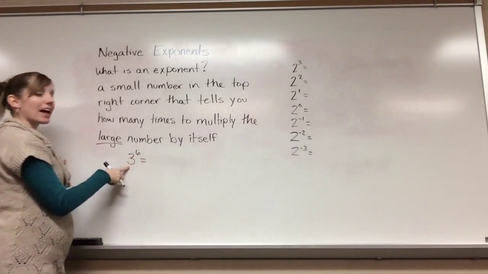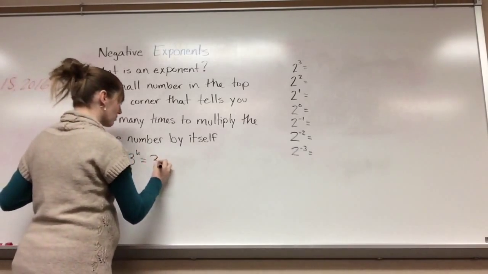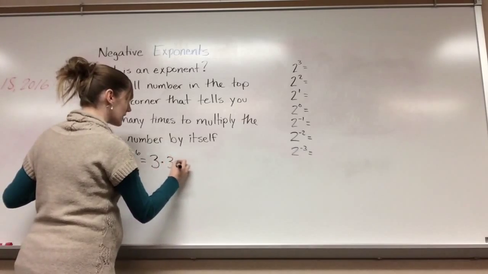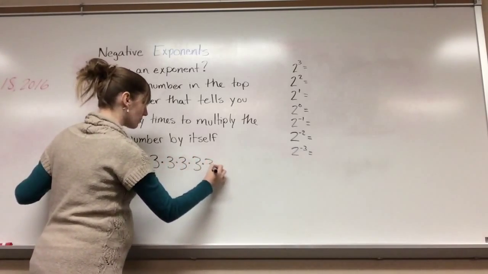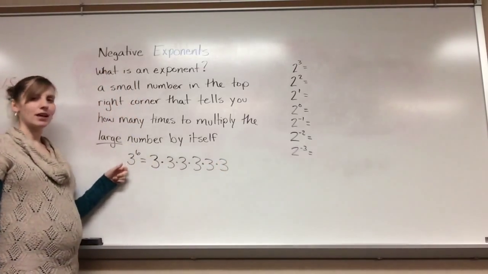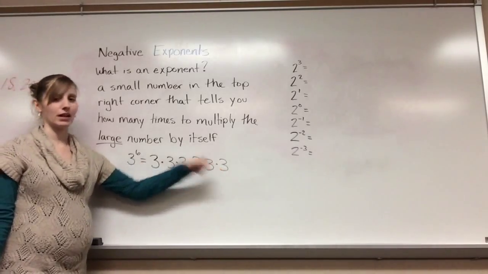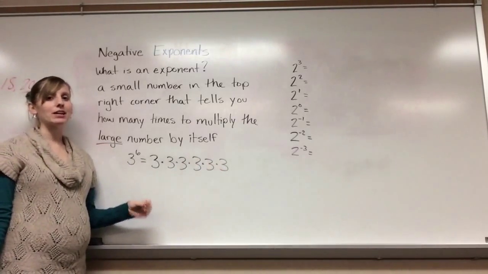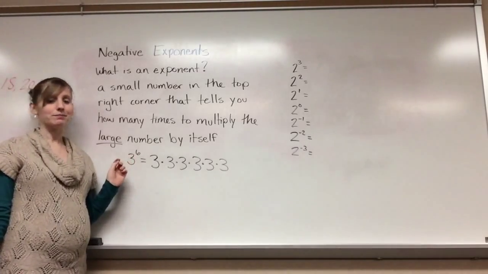That means we're multiplying 3 by itself 6 times. So that's 3 times 3 times 3 times 3 times 3 times 3. I'd much rather write 3 to the 6th power than write all those 3s, okay?